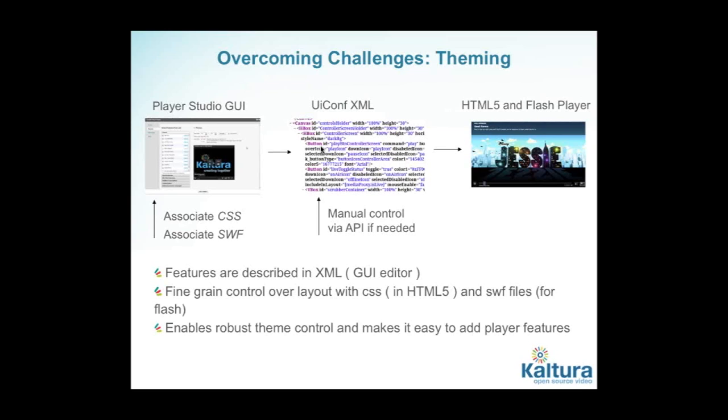And then you can also do manual editing of that XML if you need high-level degrees of customization. And in the end, you get a player that looks the same in both HTML5 and Flash after you've tweaked the CSS to make it the same. Overall, this enables robust theme control. It makes it easier to manage player features across both HTML5 and Flash.